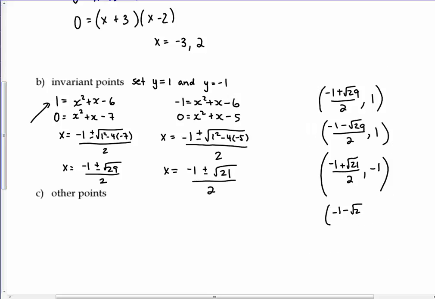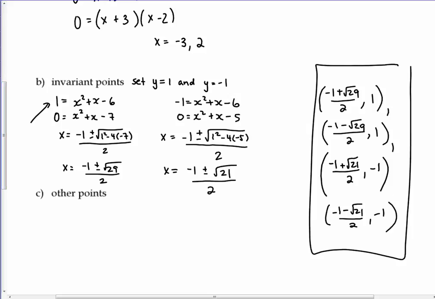Okay, so yeah. Do you ever have an example where one of the square roots will be negative, so you only have 2? It is possible to only have 2 invariant points, yeah. That example I gave you where there was no x-intercepts, a graph like that could have even only 1 invariant point.